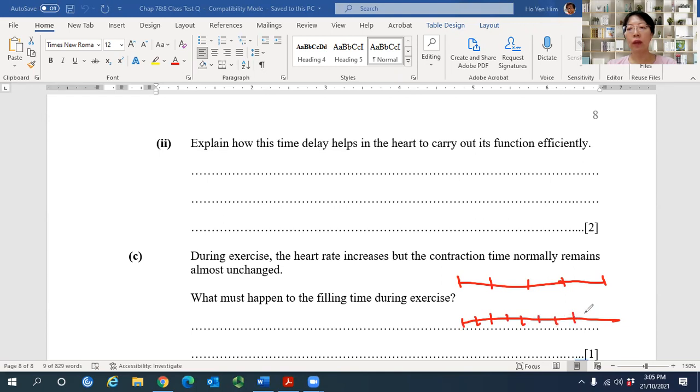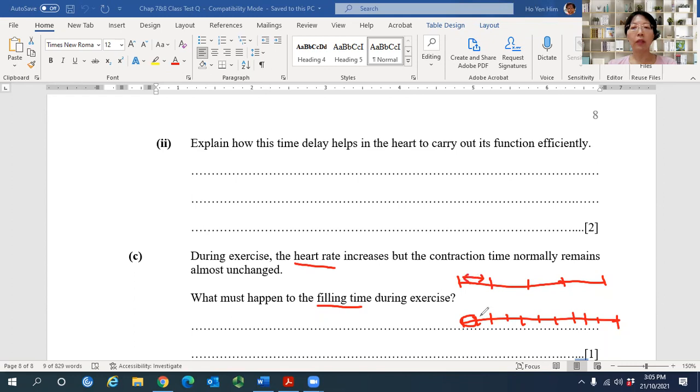So they ask you, what must happen to the filling time so that the heart rate can increase? Of course, the filling time will become shorter, isn't it? So that the heart rate can increase. So the answer is it becomes shorter so that you can have more heartbeats per minute. Originally your filling time can be very long.